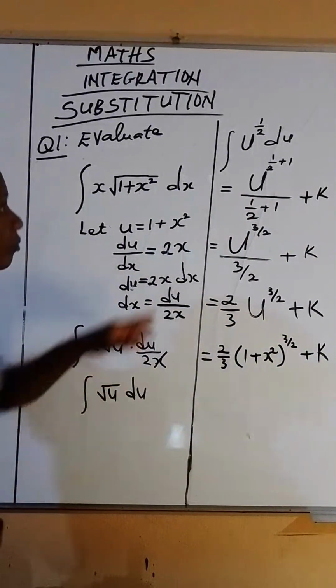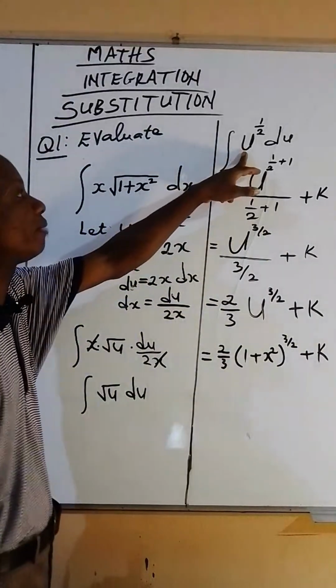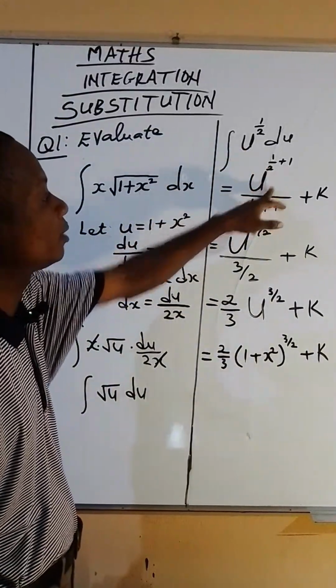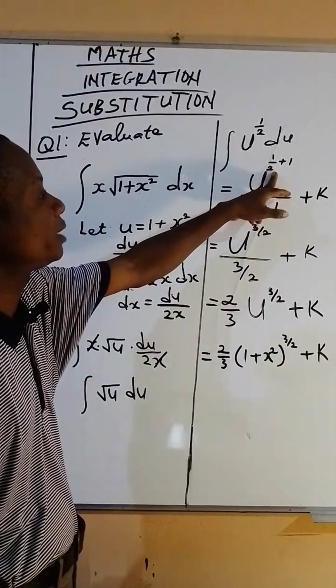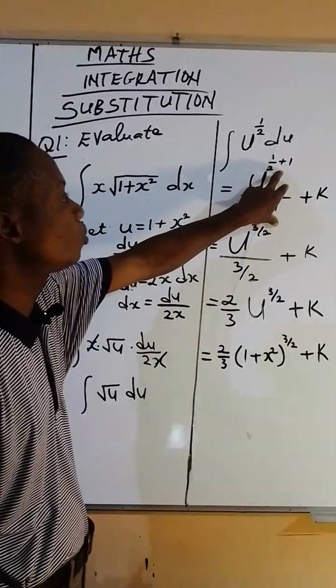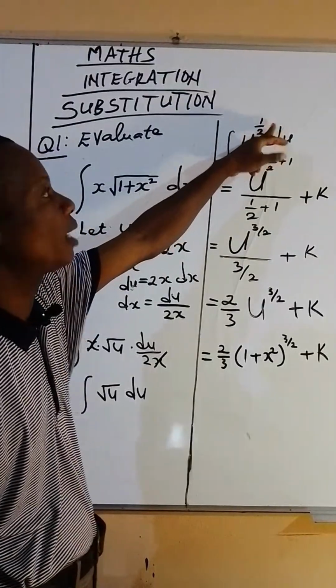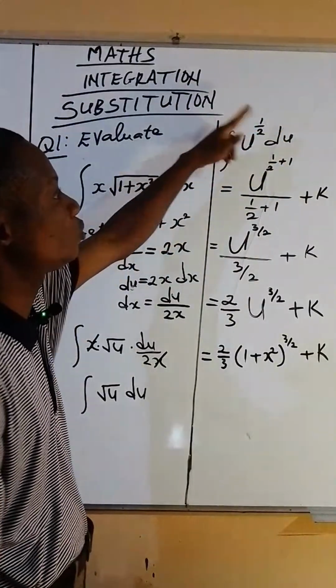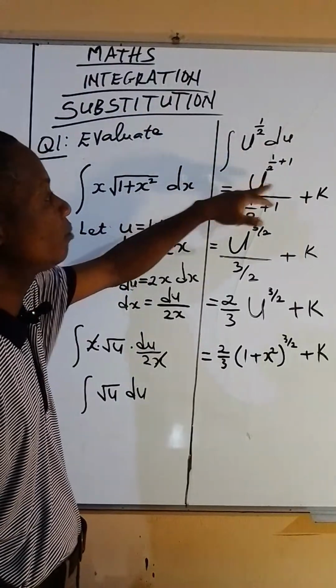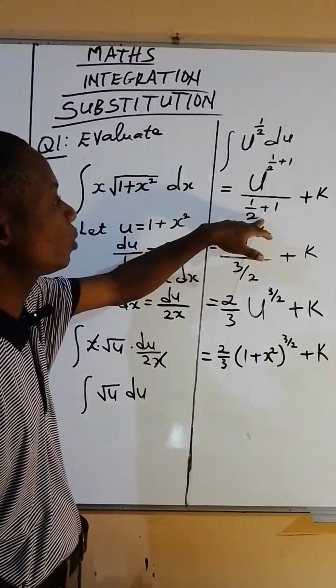But before then, we have to express it in this format so that we will be able to integrate. If we integrate by adding 1 to the power, or exponent, then dividing by the new exponent, that is what we got here.